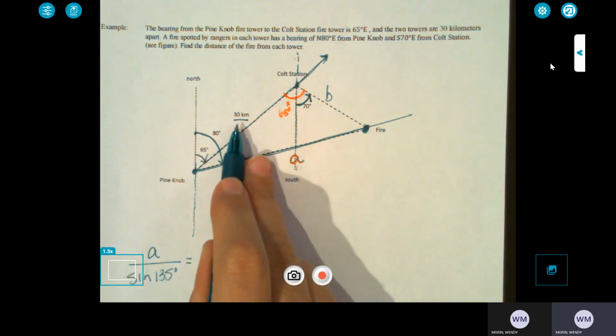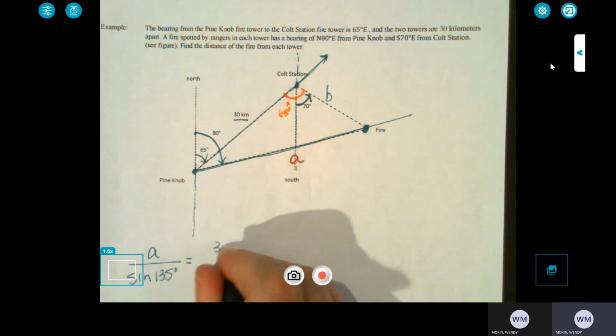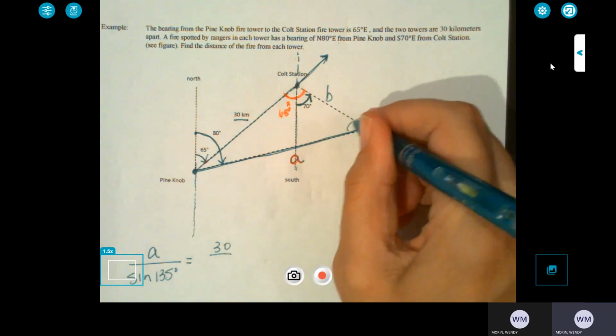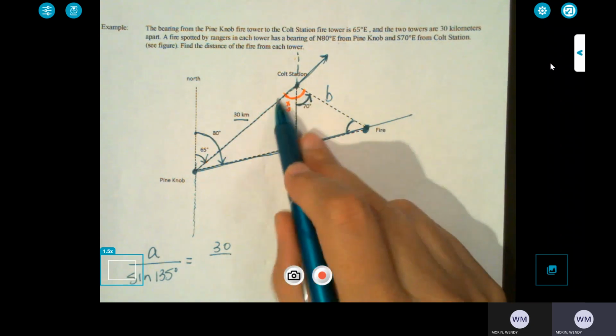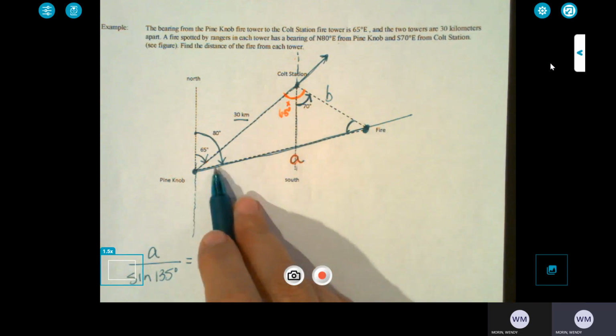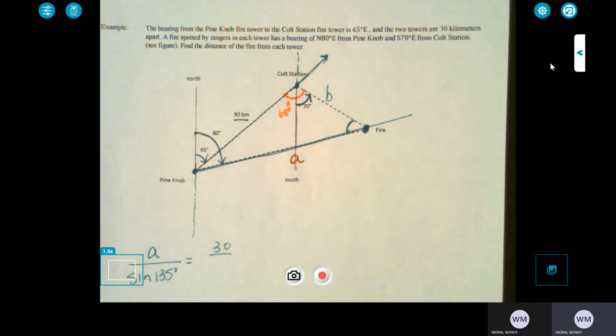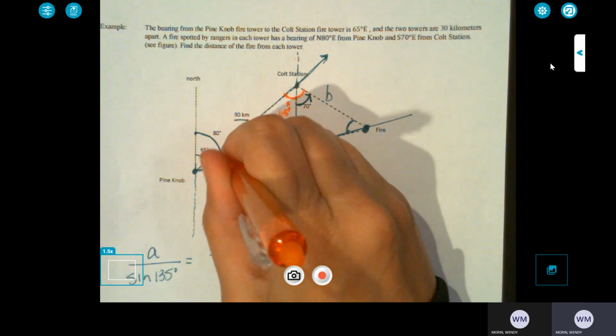Okay, and then we know 30, so somehow we have to be able to calculate that. So how are we going to do that? Well, again, we know that this whole thing is 135. It would be nice if we knew this piece. You know how big this is right here?